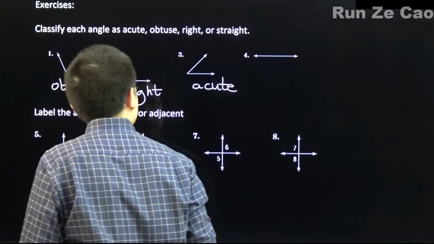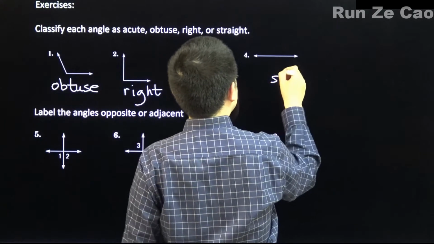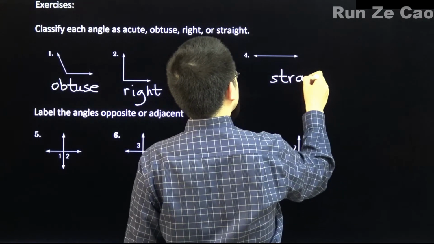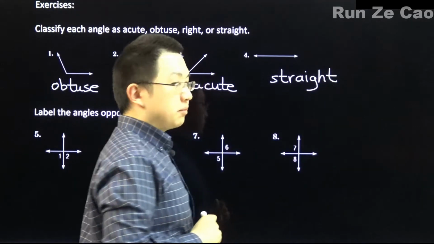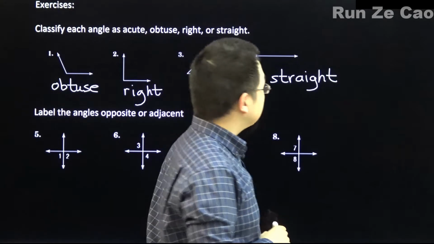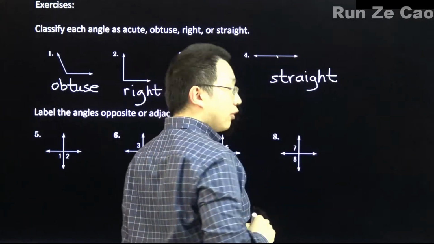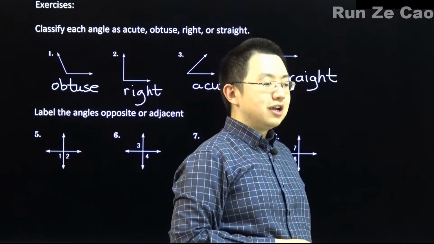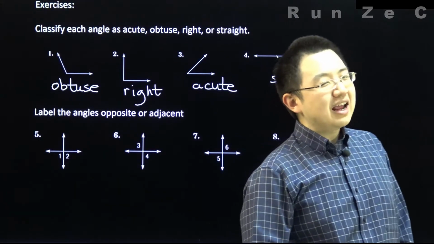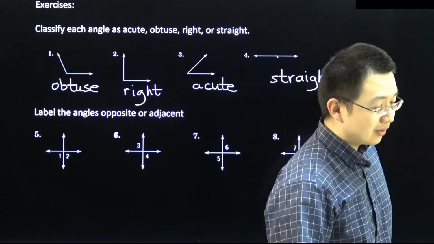And this one just looks like a straight line, so it is a straight angle. Some textbooks may be nice enough to put a vertex somewhere, so put a point somewhere. Others are not, so if you're asked to identify an angle and you only see a straight line, it's a straight angle, guys.